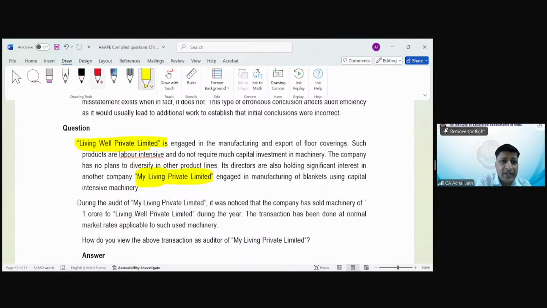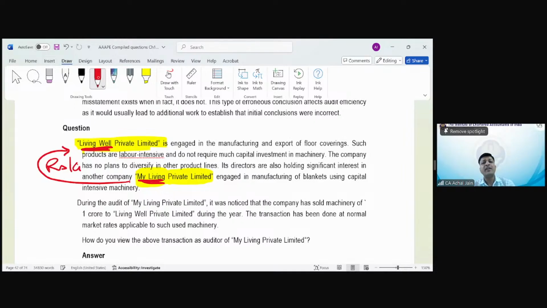Let me just highlight this part because this can create some sort of confusion. So rupees 1 crore of machinery has been sold to Living Well Private Limited during the year.